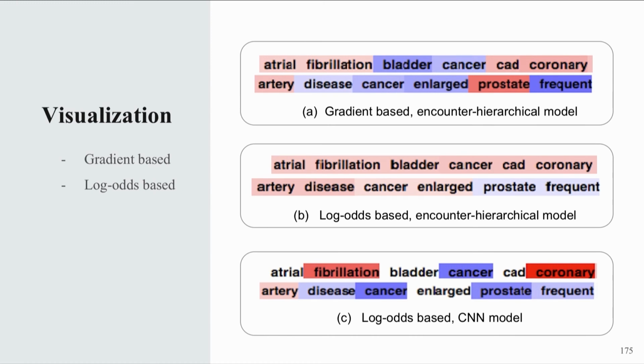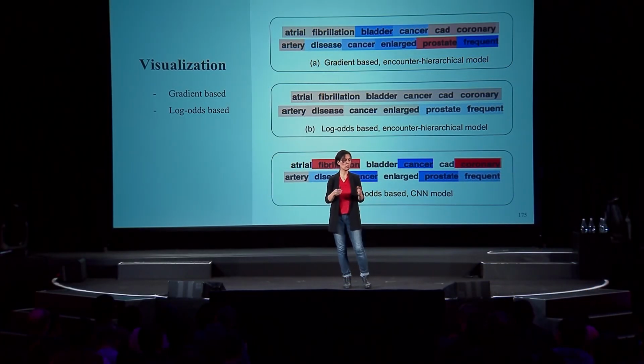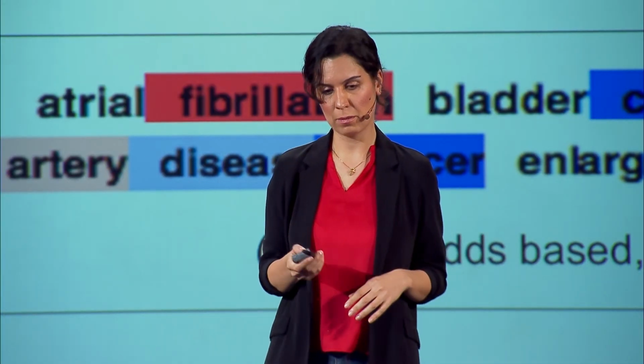So visualizing the black box is quite important in medicine. We have started to look into various methods, gradient-based methods, which are part of visualization of deep learning models, and we have invented some other methods, logit-based methods, which are all part of the poster which Zach is presenting.